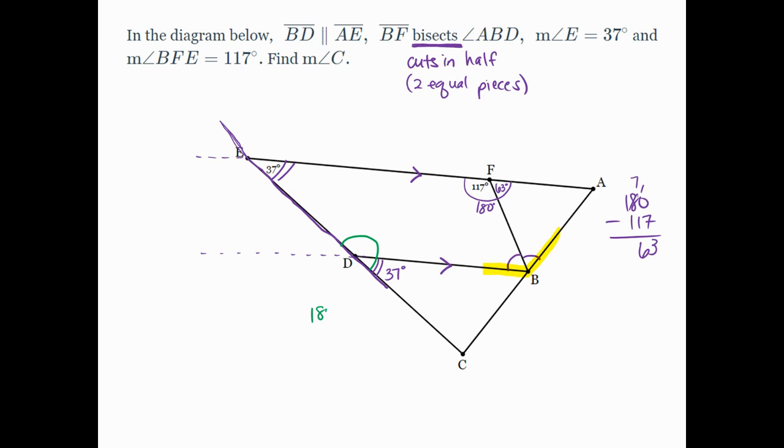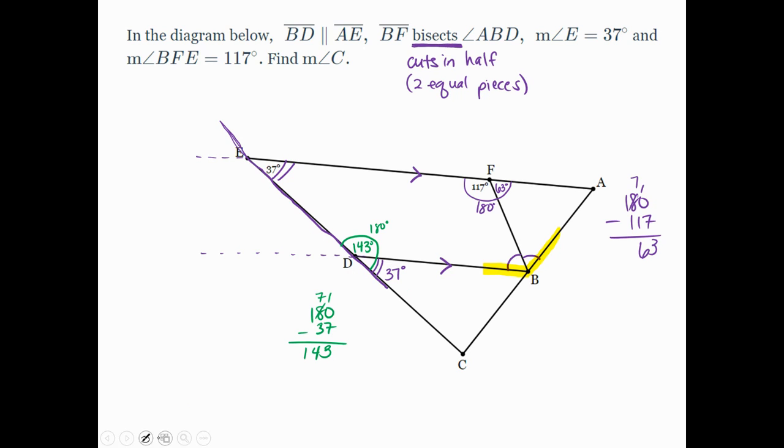I'm going to do 180, because that whole thing is 180, minus the 37 degrees I know, and looks like 143. So this piece here is 143. Now that one doesn't necessarily specifically help, but it's something I can figure out, and you never know if it might be helpful. It's kind of a thing we do in geometry: try to figure out everything we can, because you never know what might help you out.